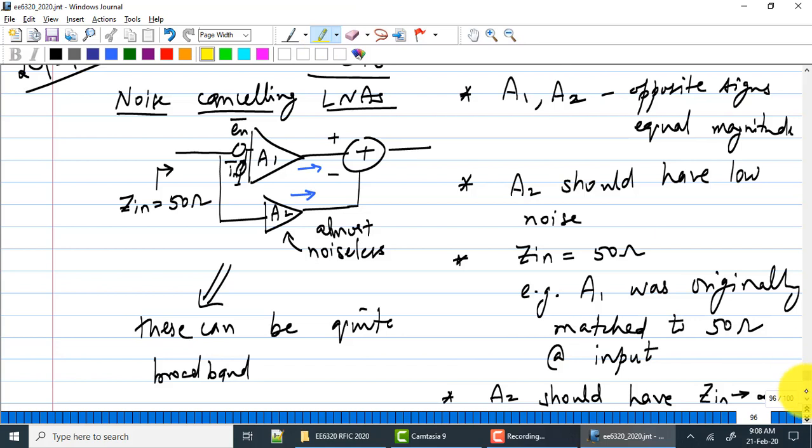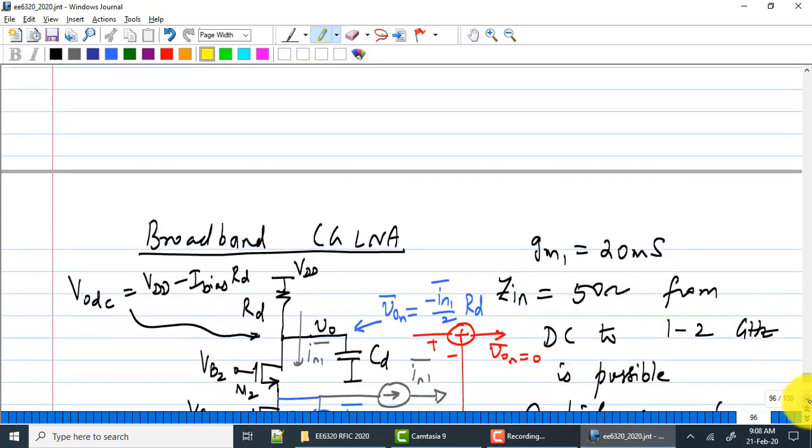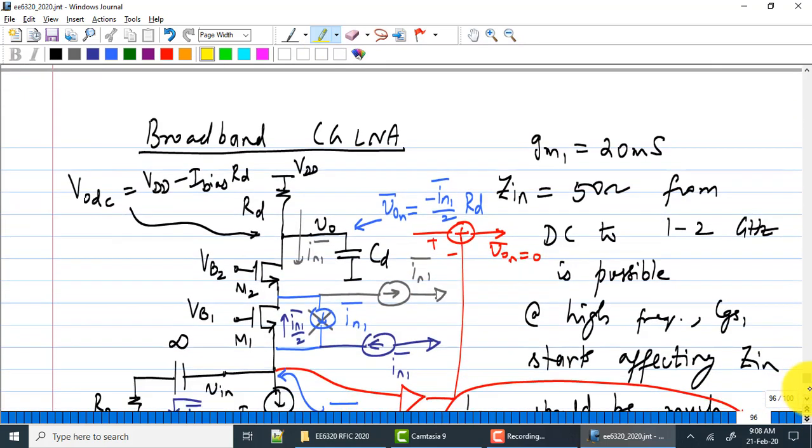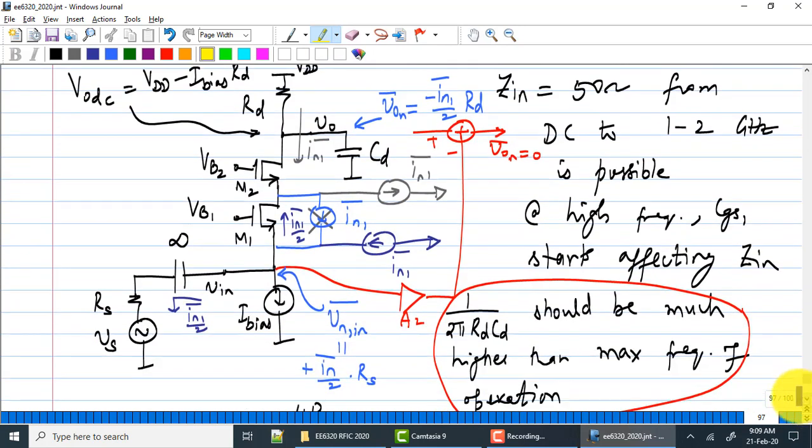Okay. We started off with the common gate LNA because we know it's fundamentally broadband. We know its noise cannot be pushed down beyond a certain point. Okay, so we took that noise. We found that the output noise is minus In1 by 2 times RD. Okay. The noise at the input is plus In1 by 2 times RS.